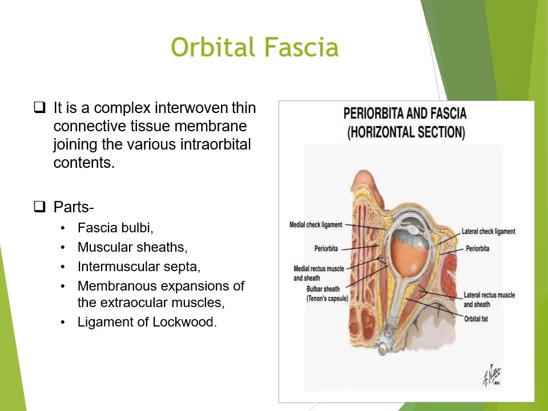The orbital fascia is a complex thin connective tissue membrane joining the various orbital structures. Again, it has different parts: the fascia bulbi, muscular sheaths, intermuscular septa, and the ligament of Lockwood.